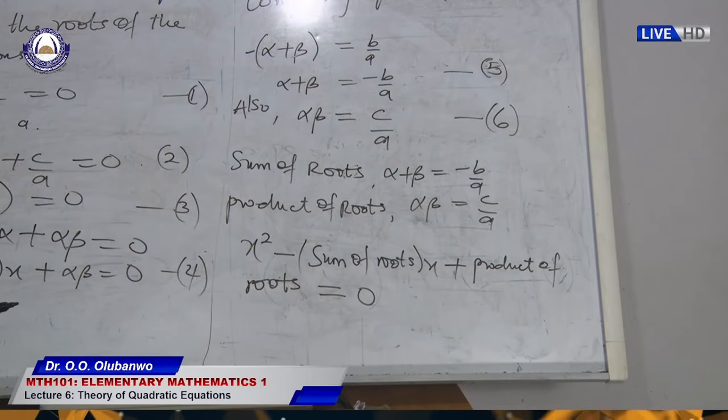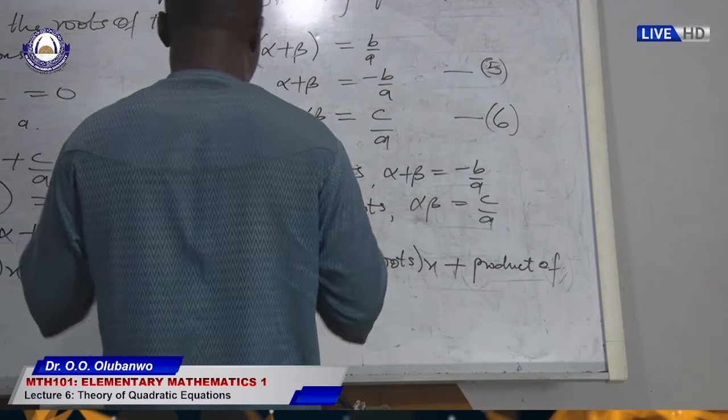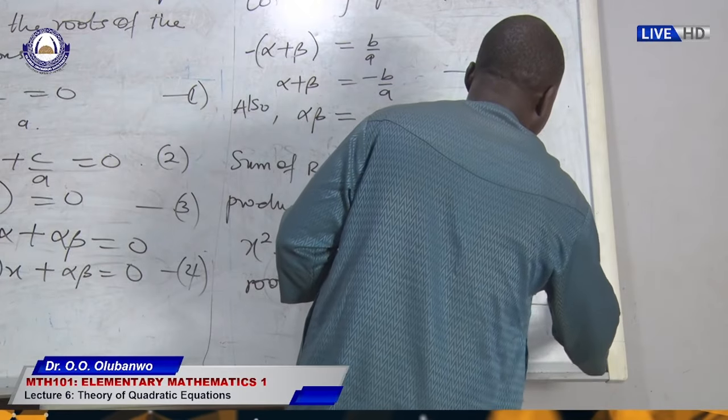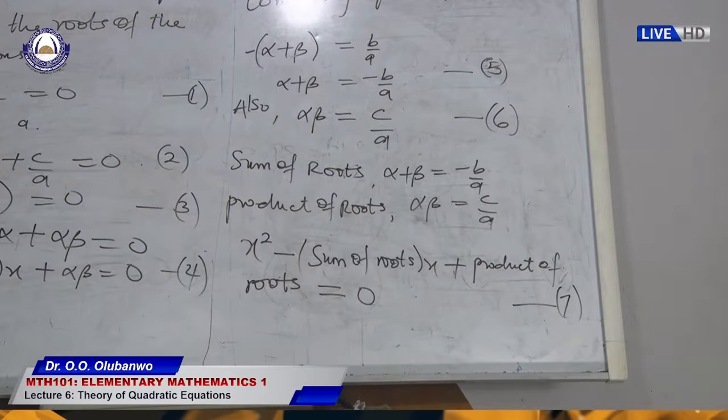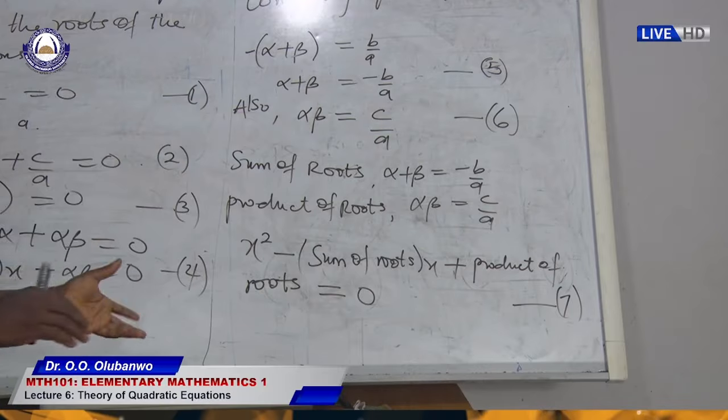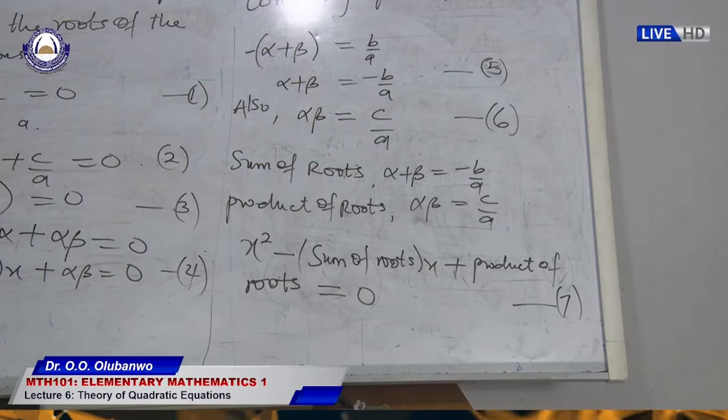Let me label it as equation 7. This equation 7 is the general principle for the formation of a quadratic equation, which is x squared minus sum of roots into bracket x plus product of roots, everything equals 0. Let's look at it sequentially so that we can have full mastery of the concept.